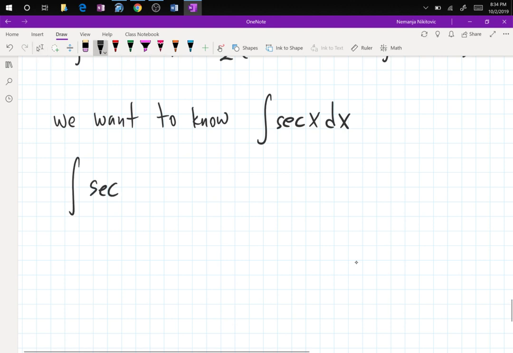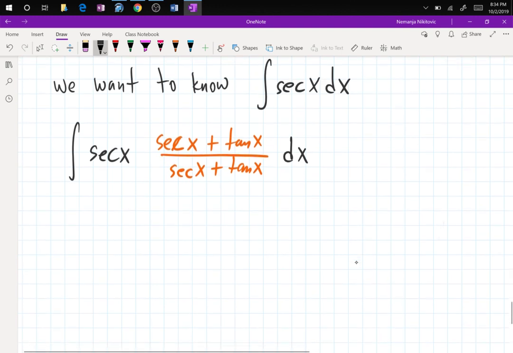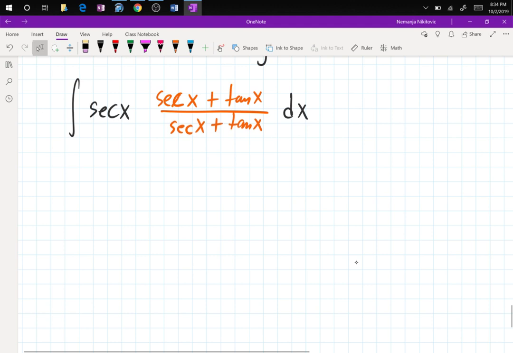Integral of secant x needs to be multiplied by secant x plus tangent x divided by secant x plus tangent x, and then you have dx. So this is where you start.